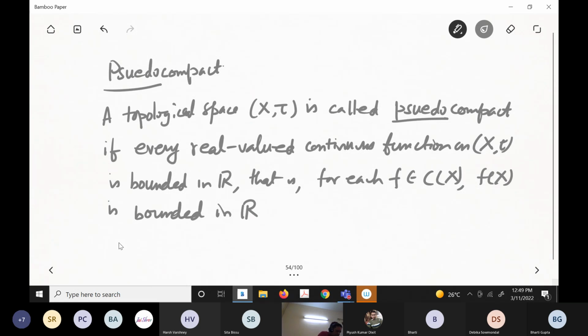Now, what I want to show is that countably compact implies pseudocompact; the proof is easy.